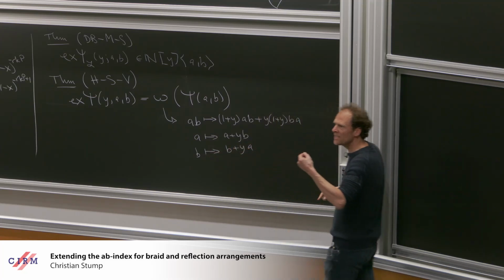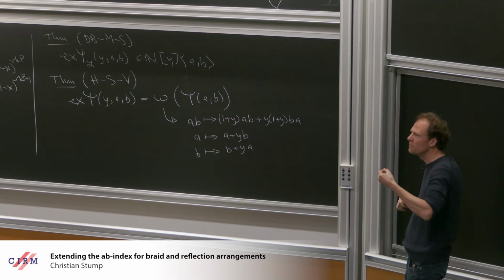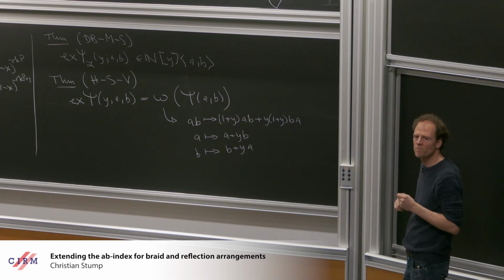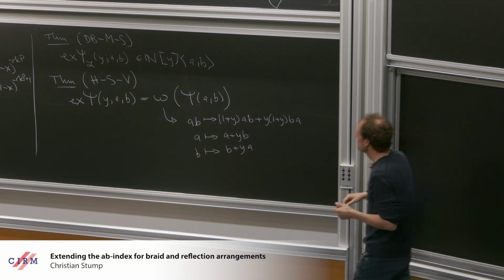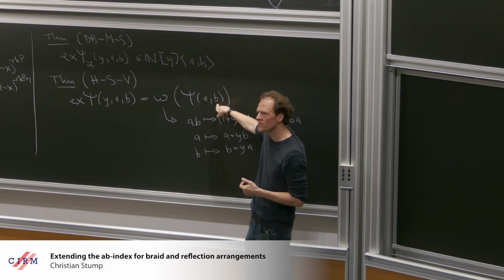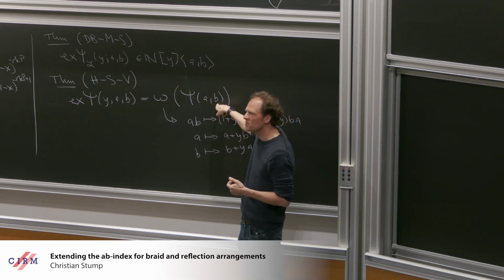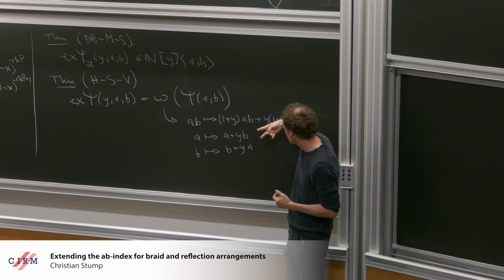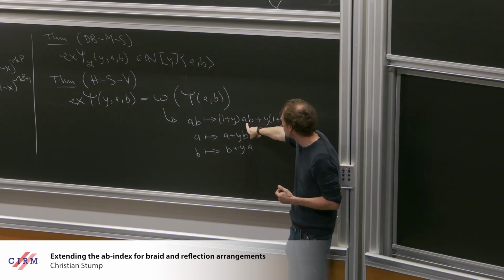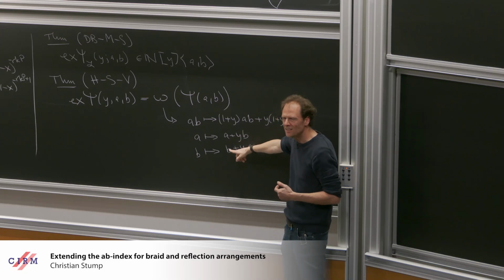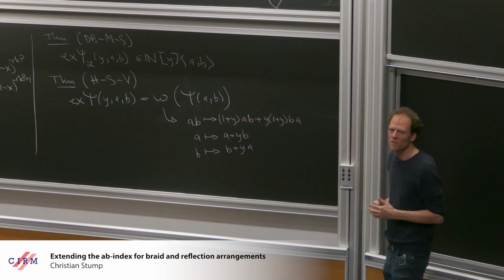And that's exactly the operation that goes from the CD index to the AB index, if you know what that is. So when you write this as a polynomial in C and D, and then you replace C's by 2AB plus 2BA and the D's by A plus B, you get exactly this evaluation for y equal to 1.